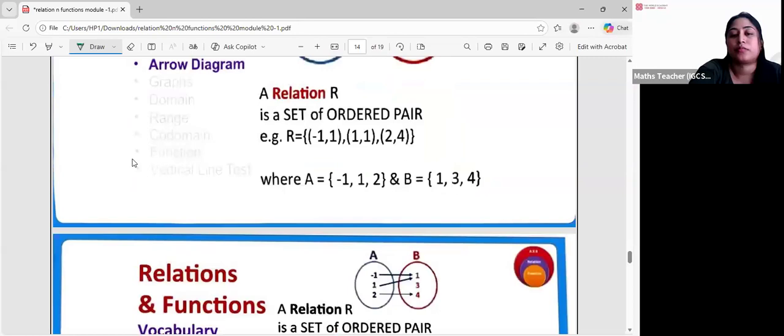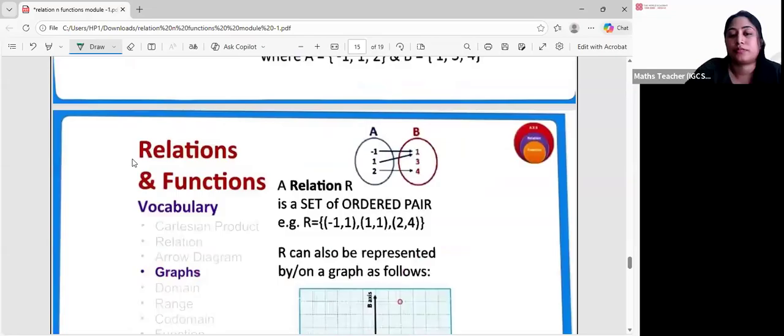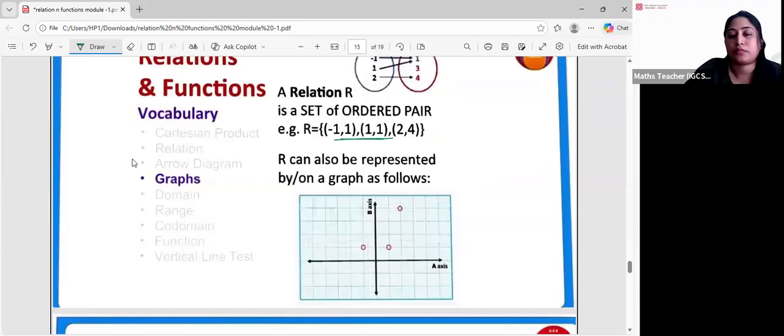This is 0, 1, 3, 4. So 1, 2, minus 1, minus 2. It will be plus 1, plus 2, plus 3, plus 4. Correct? So 2 to 4. This is how we represent ordered pairs graphically. You're familiar with the graphical method, correct?